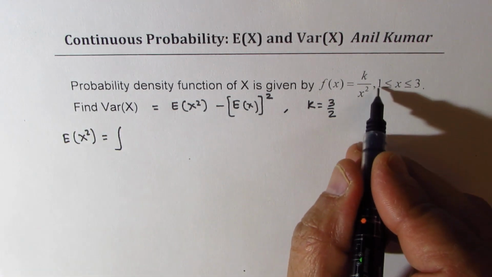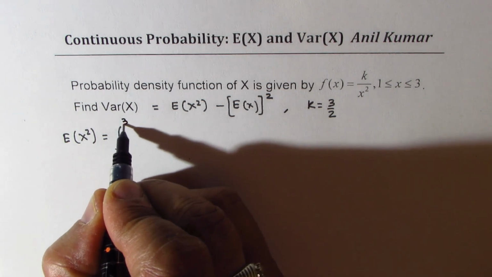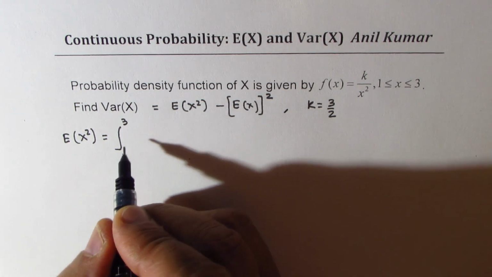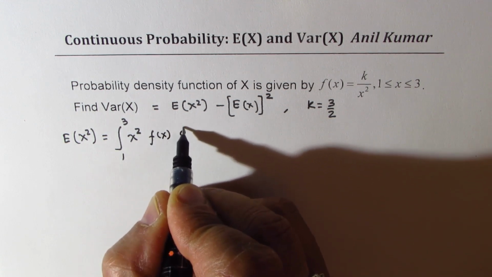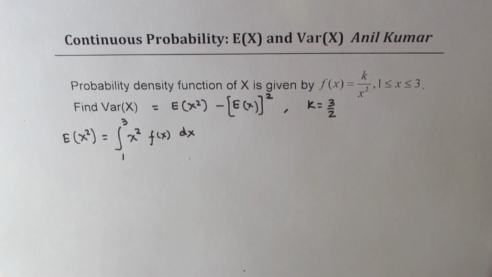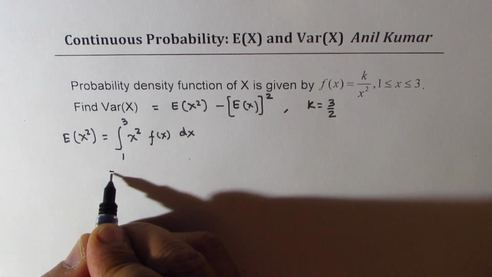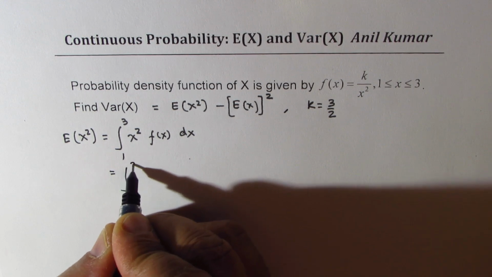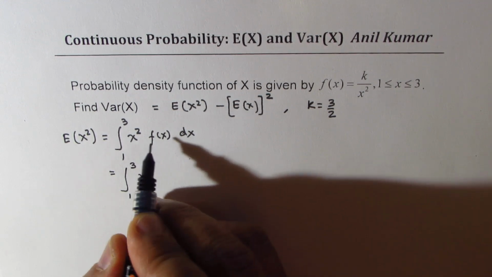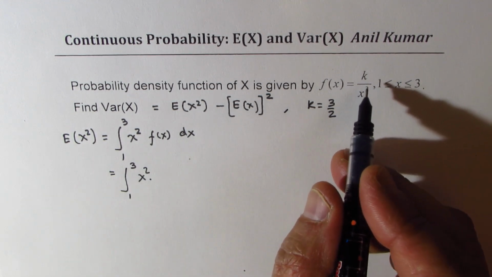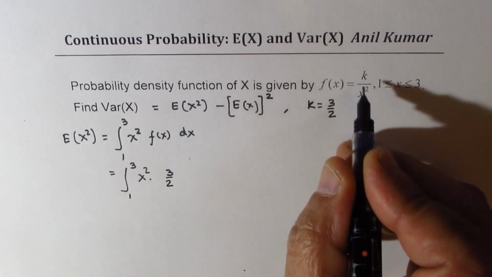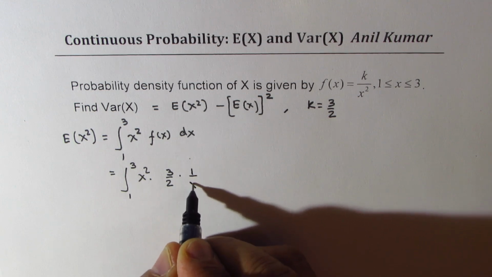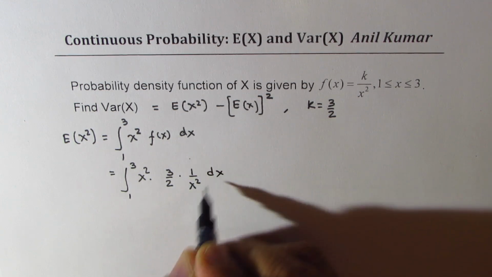It is the definite integral within the interval 1 to 3. Now this time we have to multiply by x squared f of x dx, right? We are trying to find expectation of x squared. Now that is 1 to 3 x squared times the probability density function, 3 over 2, that's the value of k, times 1 over x squared dx.